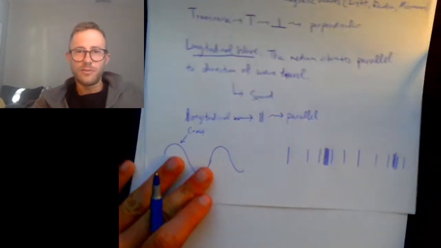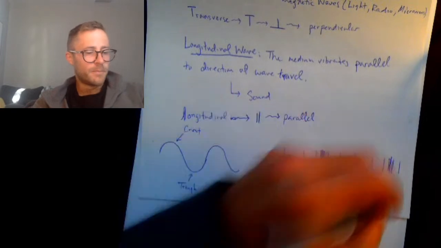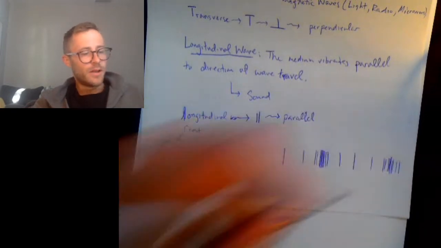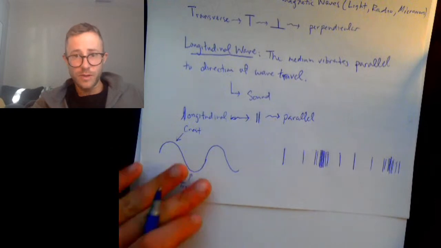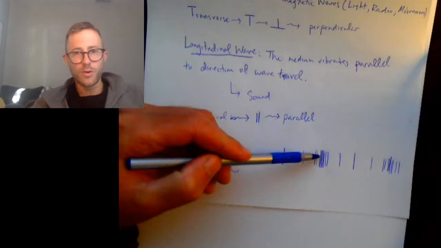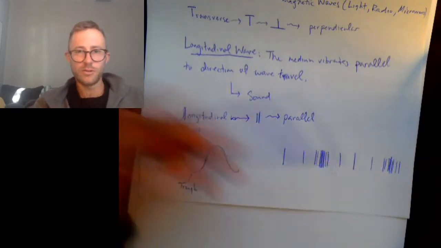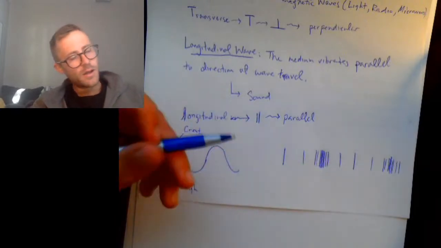Let me put a few more in. This is what a longitudinal wave looks like. These are kind of like the coils of the slinky bunched together, and here are the coils of the slinky stretched apart.